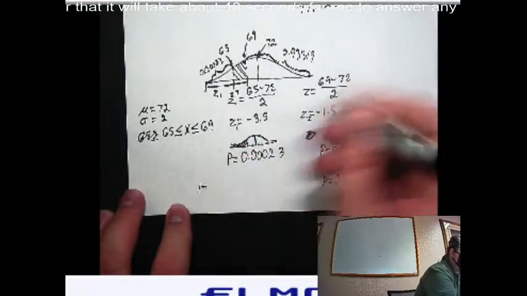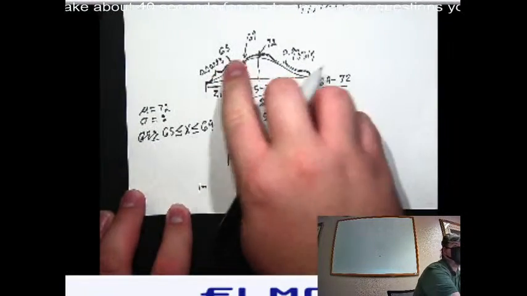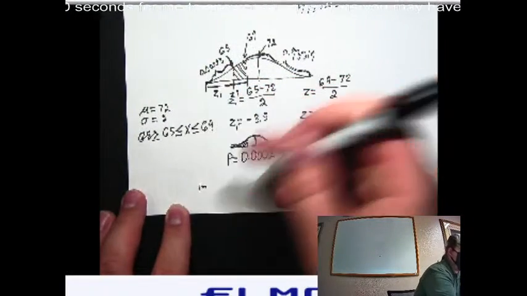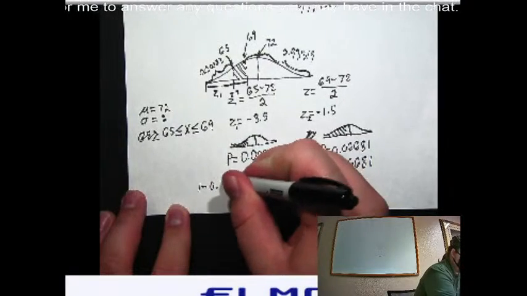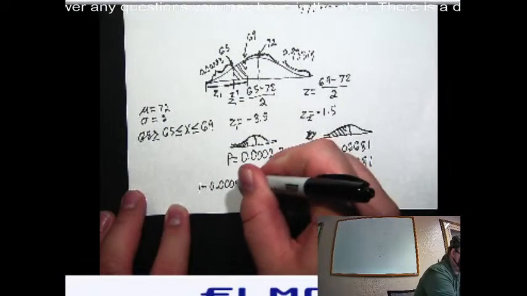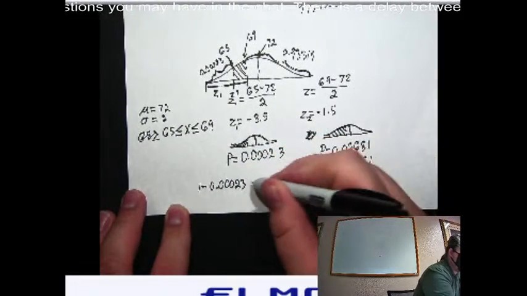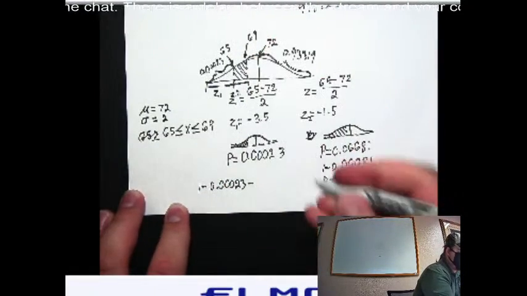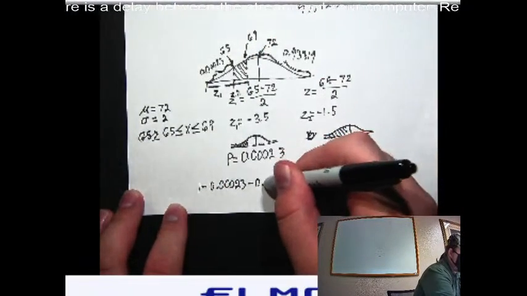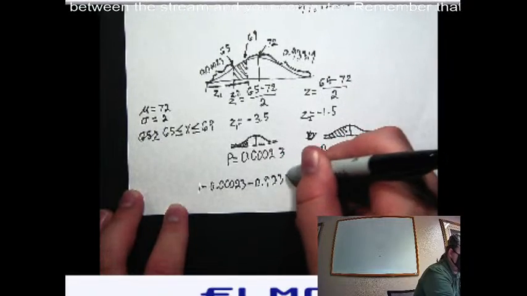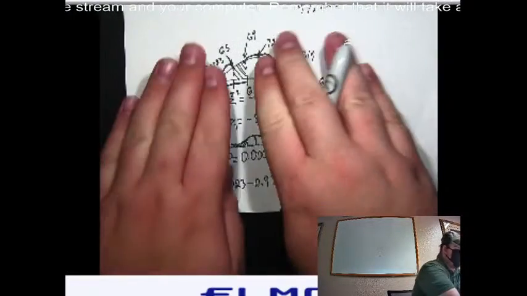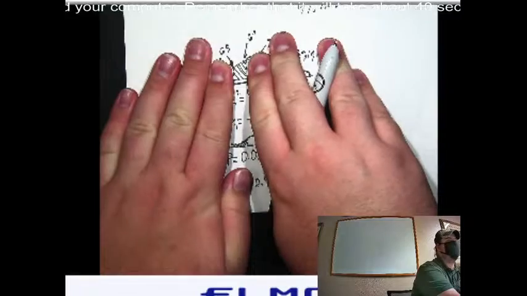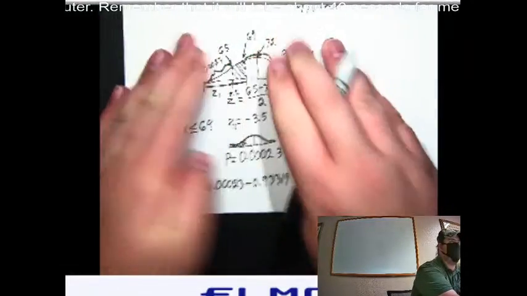So 1 minus this, so get rid of this part here, 0.00023, and then minus this whole part right here so we can get rid of that, 0.93319. So that gets rid of both of these, leaving us with just the thing that we're looking for.